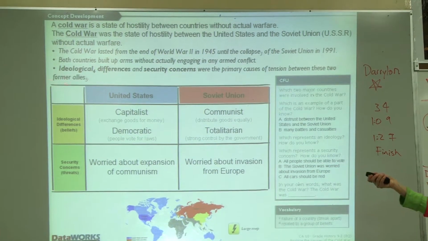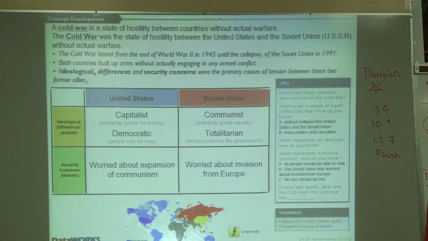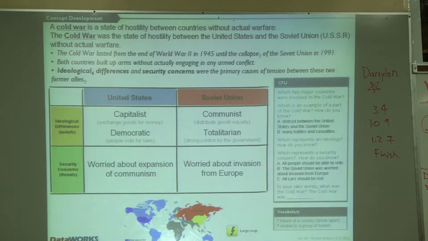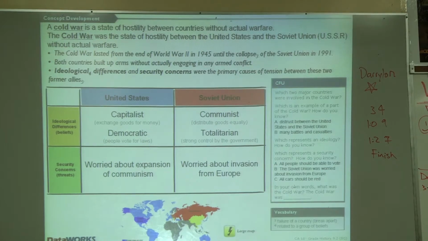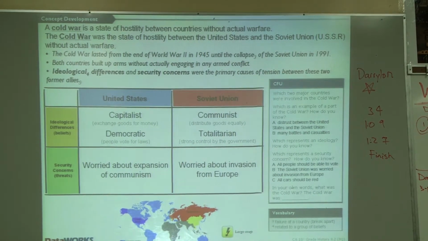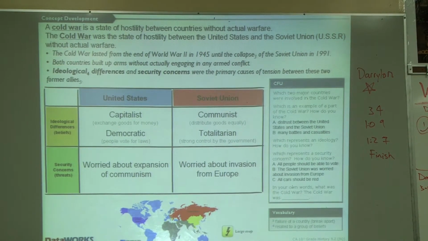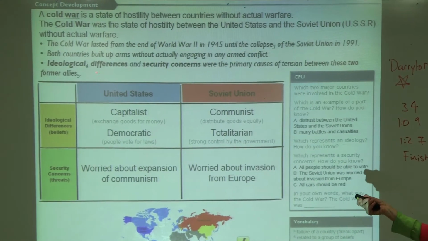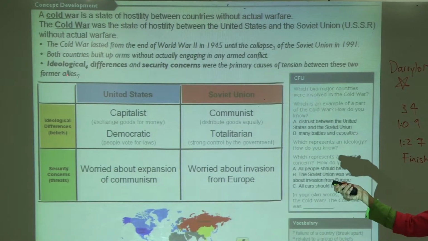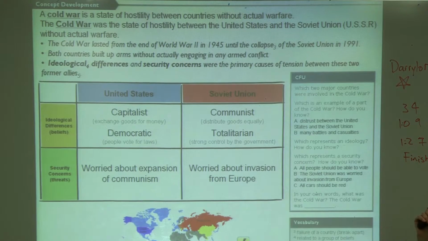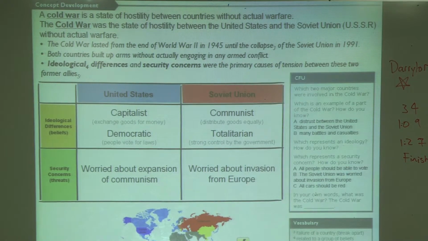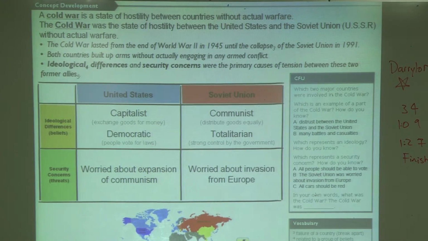Ideological, just underline idea. So let's read ideological differences, please. 1, 2, 3. Ideological differences. What that means is a difference in a belief system.